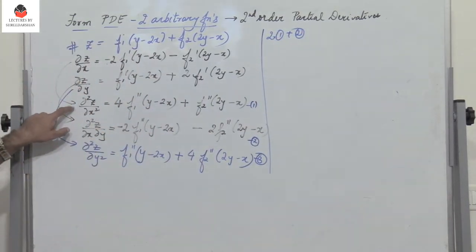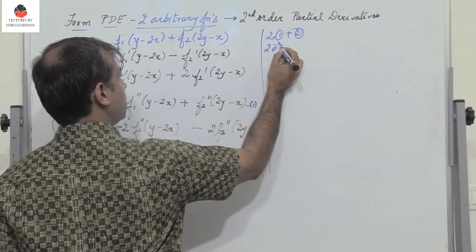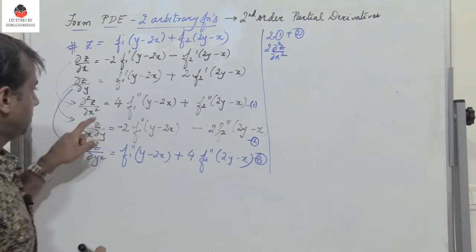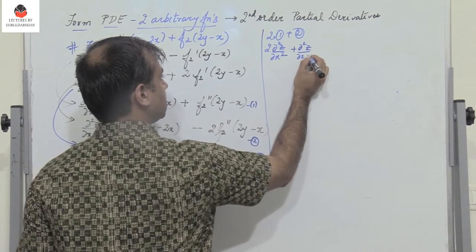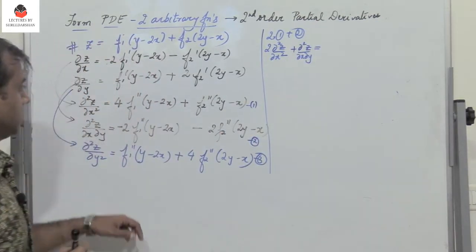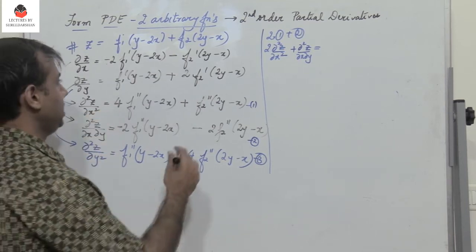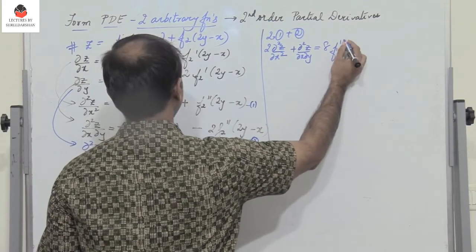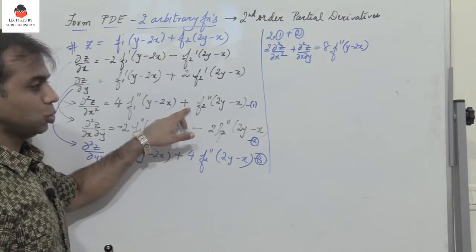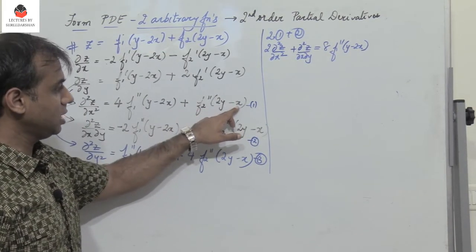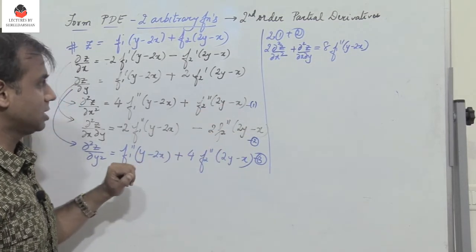So I get 2 ∂²z/∂x² plus ∂²z/∂x∂y equals, here I am multiplying this with 2, so 2 into 4 gives me 8. You get 8 f1'' (y minus 2x), and then here you get 2 f2'' (2y minus x), and here you have minus 2 f2'' (2y minus x), so these two get cancelled.